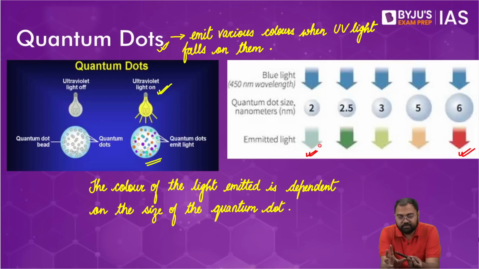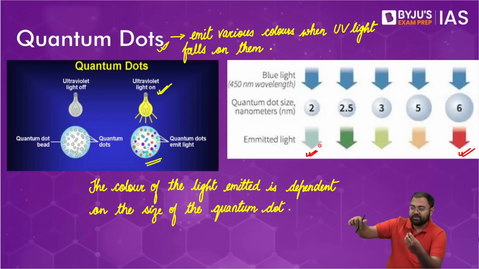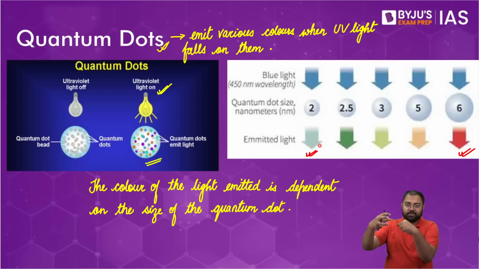So a bigger quantum dot will emit red color, whereas a smaller nanoparticle will only let the violet color pass through it, because red color is bigger. If the red color is this size and the quantum dot is smaller, red will not be able to pass through it, but violet will. Similarly, the bigger one will selectively let red color pass through it.